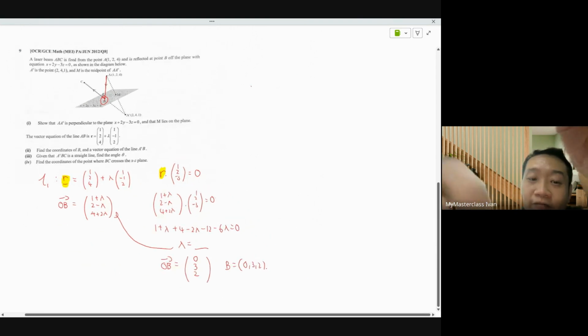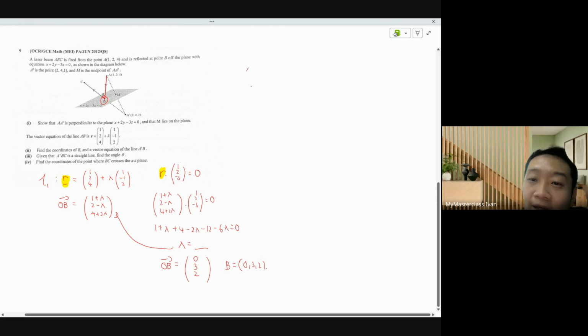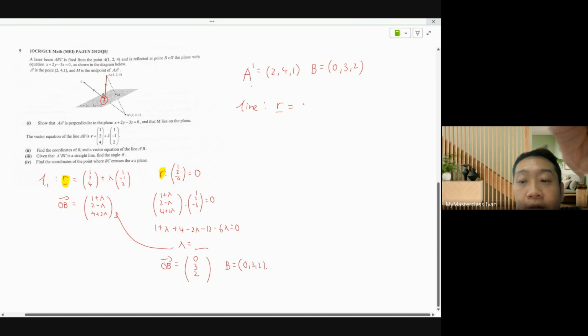Now the vector equation of A prime A is this. You already have A prime, which is 2, 4, 1, and B equals 0, 3, 2. How to form a vector equation of a line? A line needs what? A point plus lambda direction.